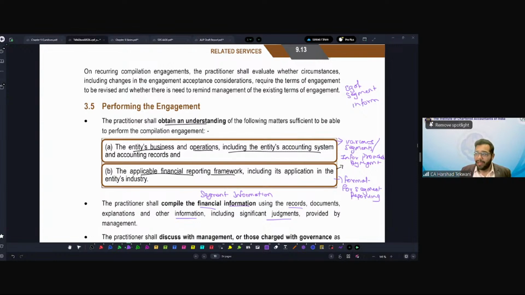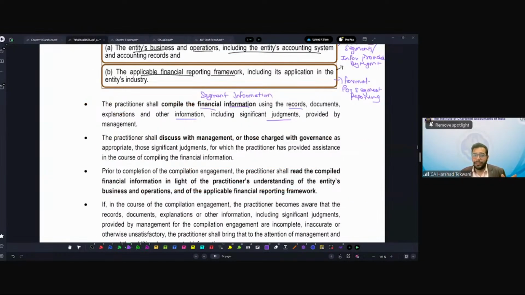Then I need to discuss with management or those charged with governance the judgments that I am taking in the preparation and assistance of the segment information or financial information. So if I am taking any significant judgments, I have to discuss that with management or those charged with governance.